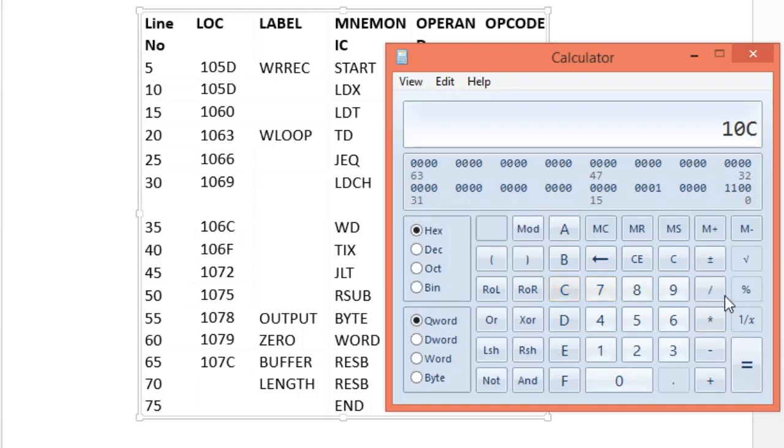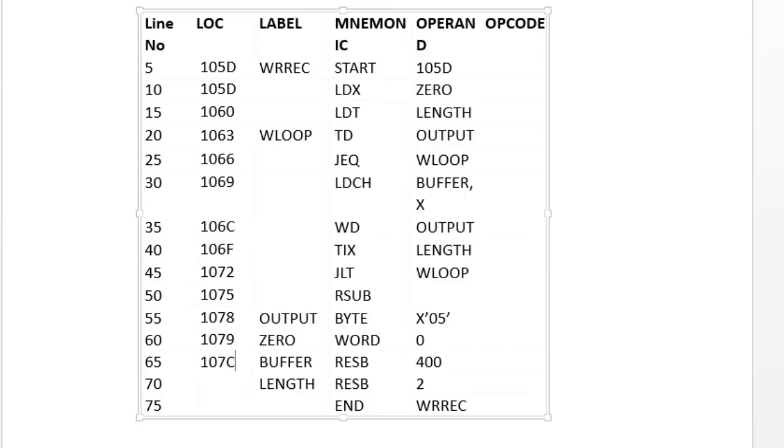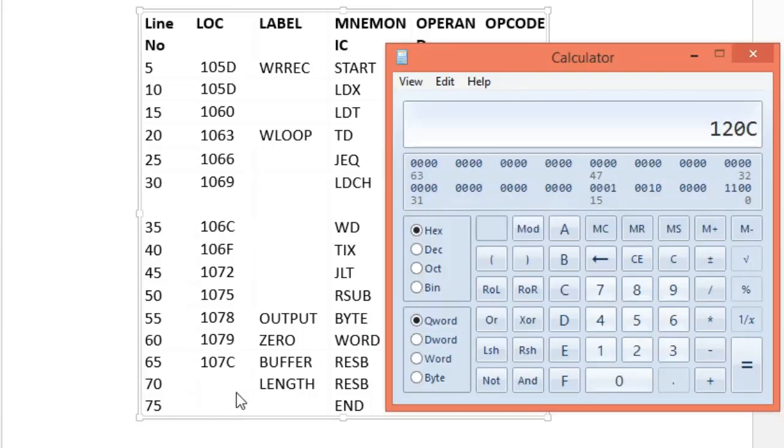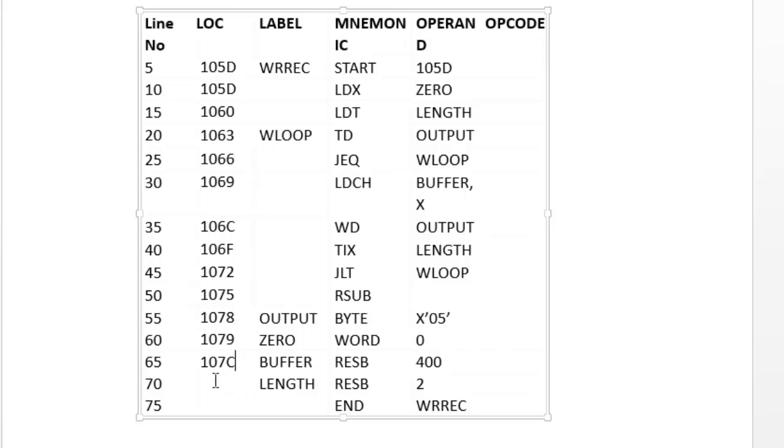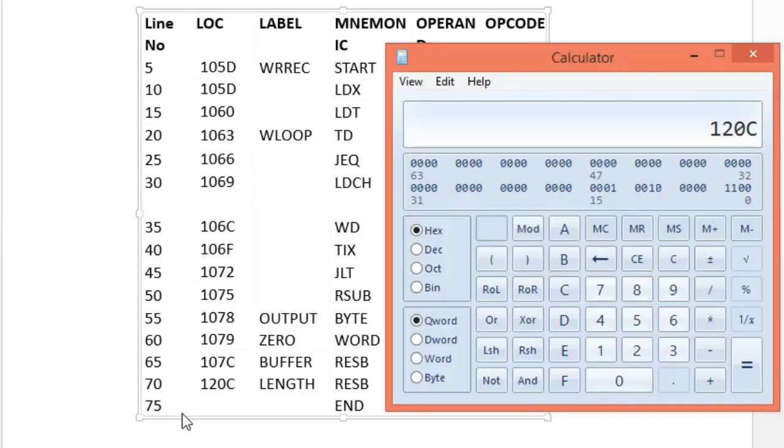That has to be added with 190 in hexadecimal, which is 400's equivalent, right? If we add this, we will get the address. 120C is the address, right?